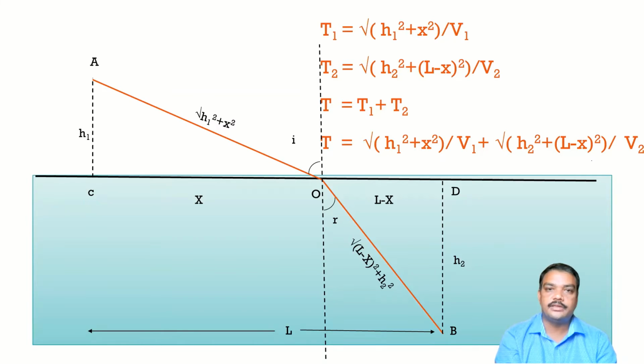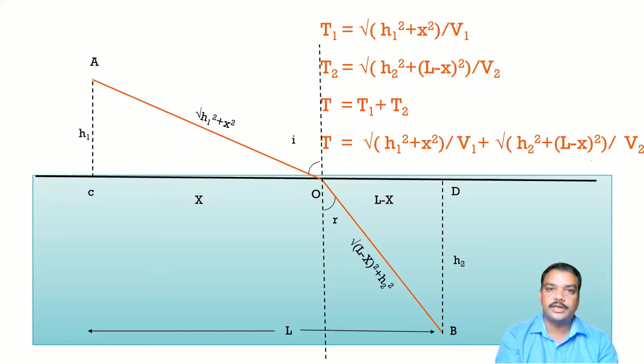Now let us write the time for passage of the light ray in air: T1 is equal to square root of h1 square plus x square divided by v1, and T2 is the time taken by the refracted ray in water, that is equal to root of h2 square plus (L minus x) whole square by v2.